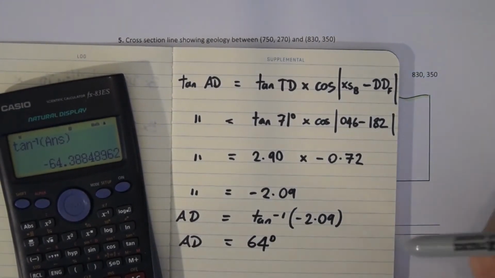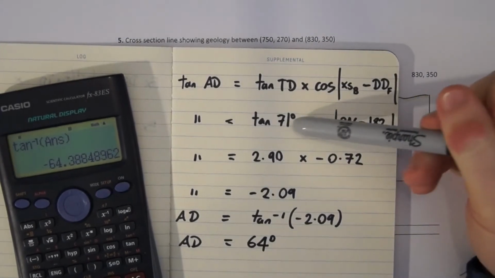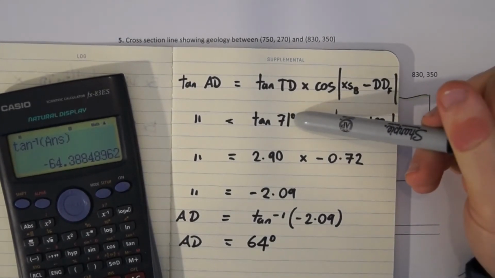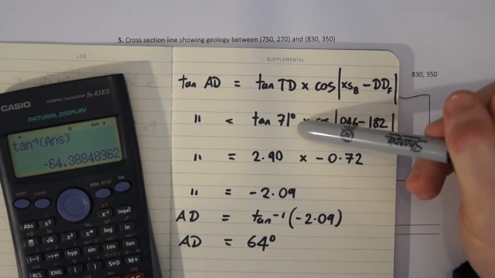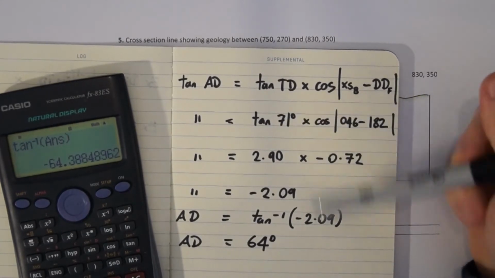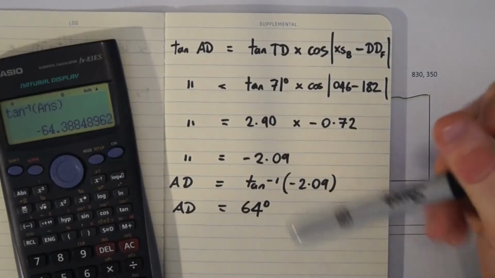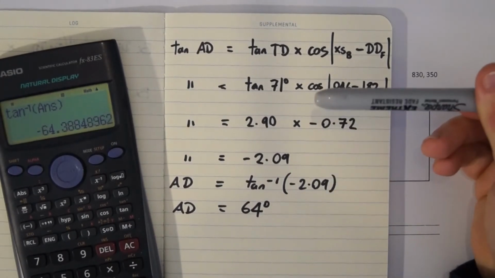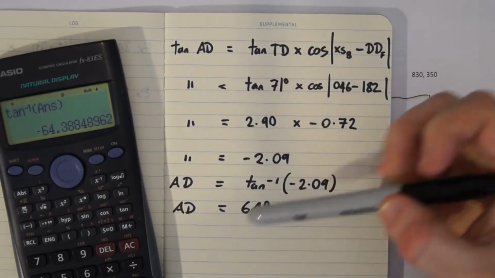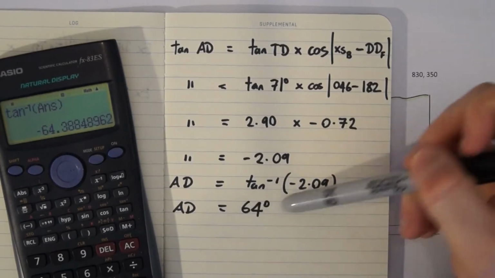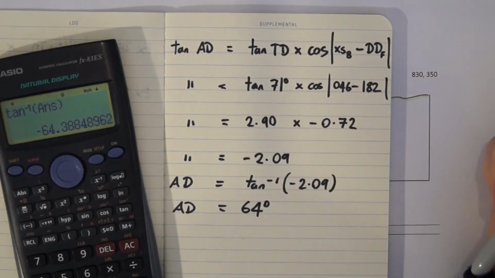So even though, when we take into account the vertical exaggeration of our fault, its dip would be 71 degrees, because we've got an oblique section to this fault, its apparent dip on the cross section would be 64 degrees.